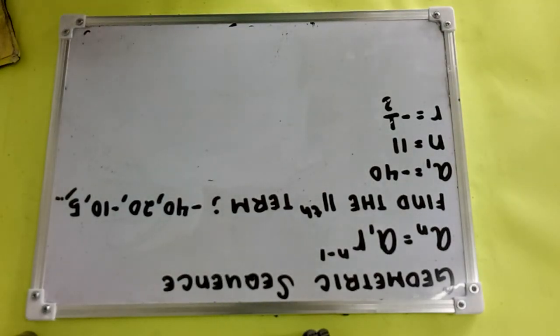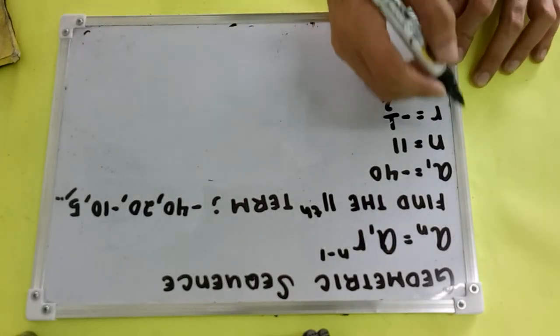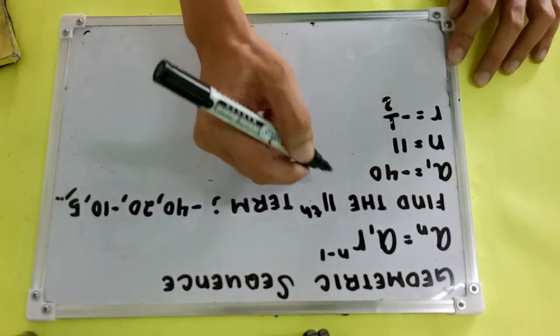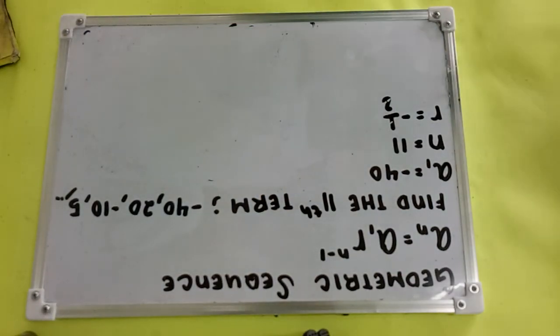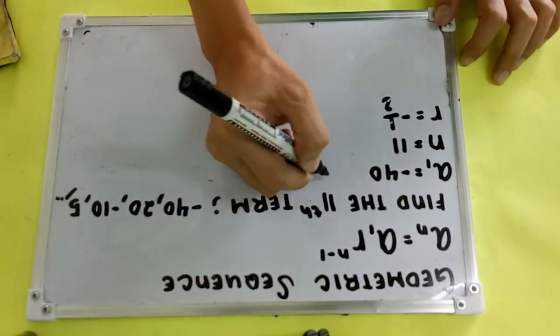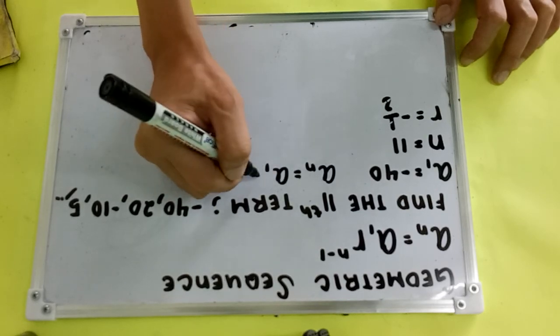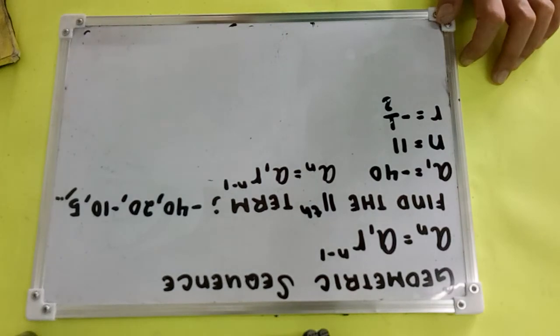So we can now substitute this given to our formula. a sub n is equal to a sub 1 multiplied by r raised to n minus 1.